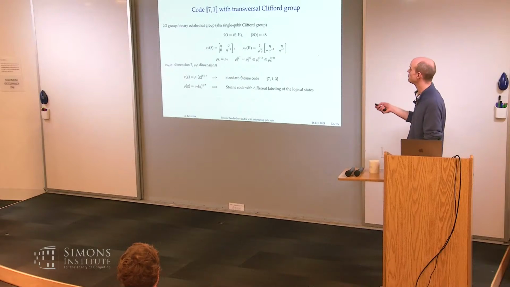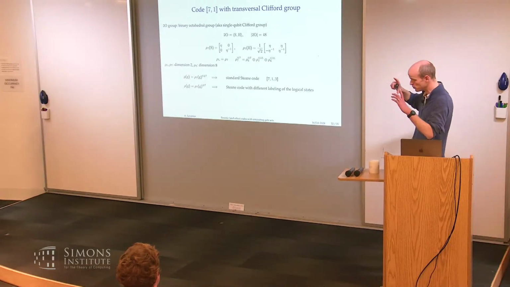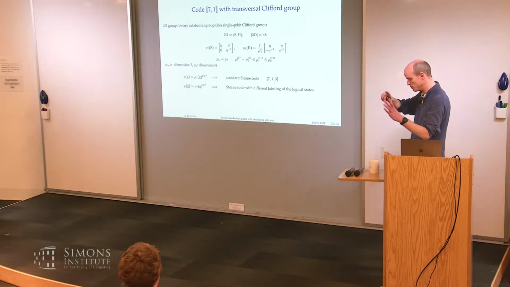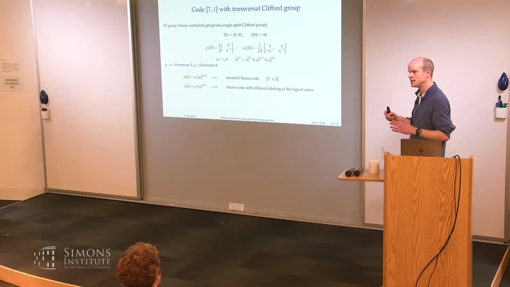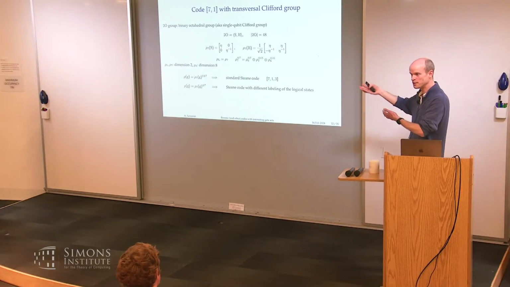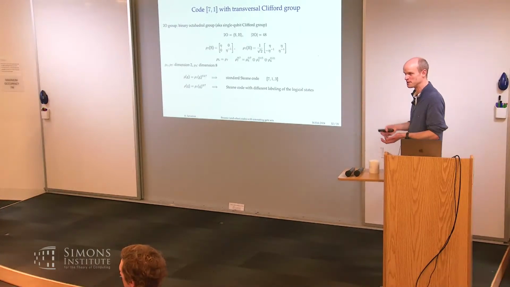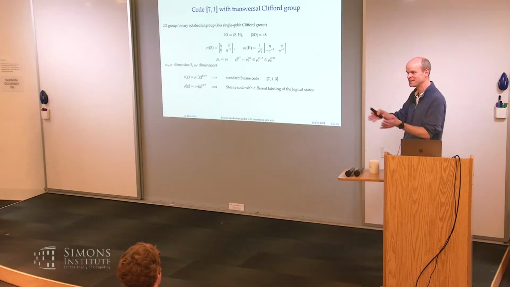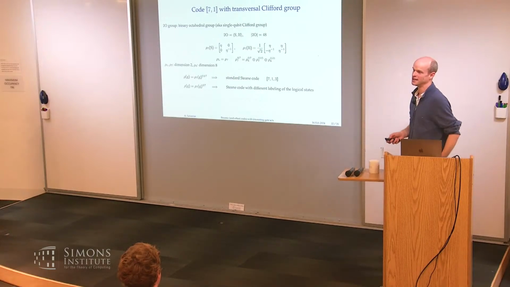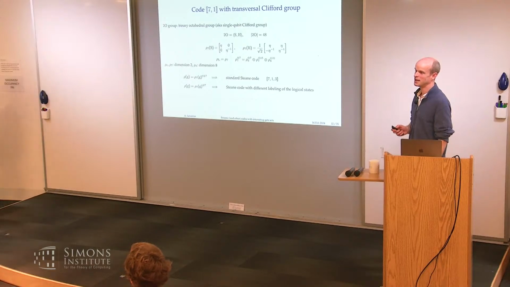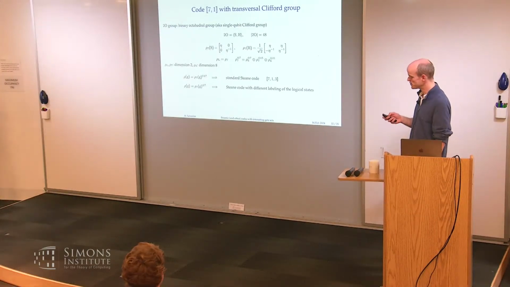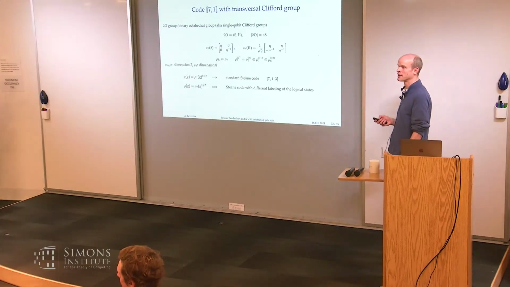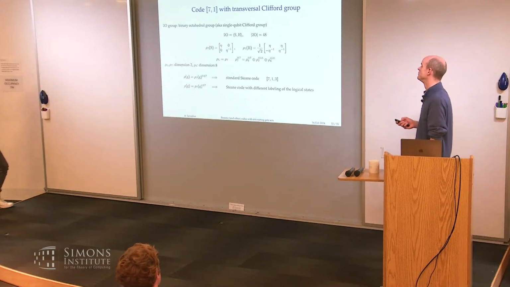So the physical state that I input to this thing, the phi, if I input the logical zero of the Steane code, then it will give me the code. So if you know this is the one that you want, it is very easy to find it. But in general, it's not clear. To find a new code, you would need some kind of cost function and then optimize over it.